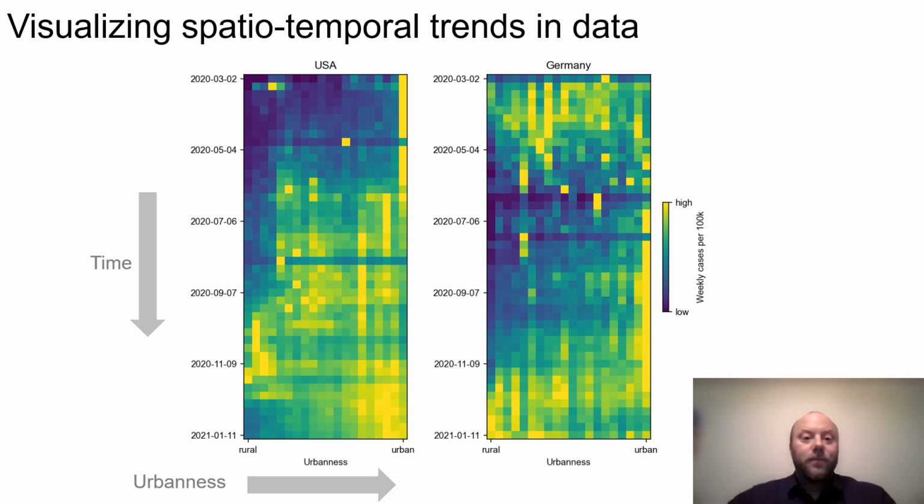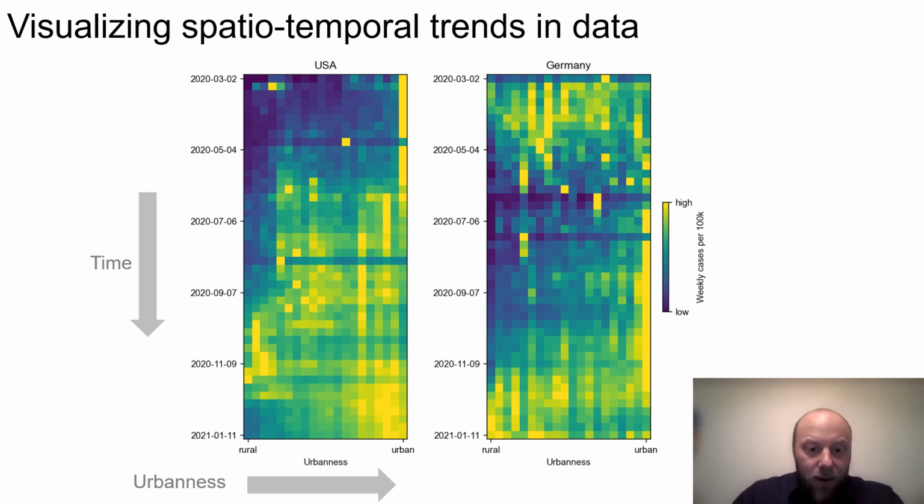Just reducing geographic space to its level of urbanness or rurality. So you can see that until May, basically, COVID was predominantly present in highly urban areas, and then it spread into rural parts of the country.